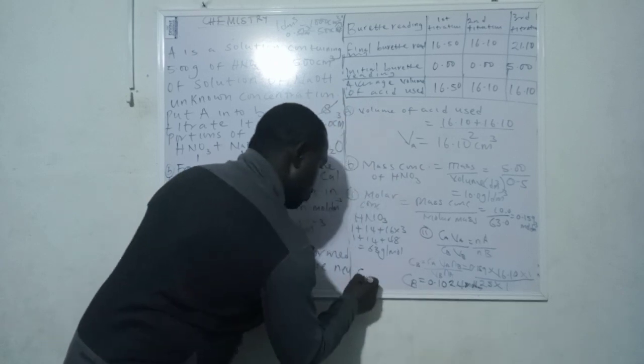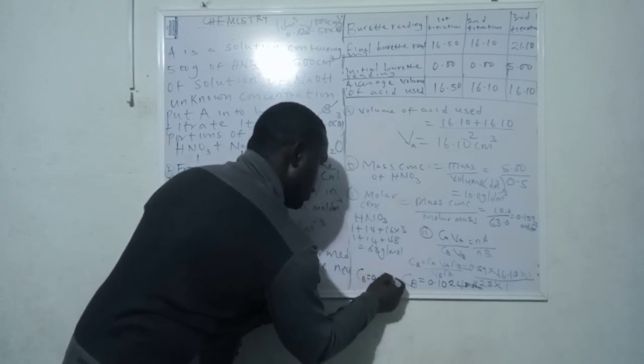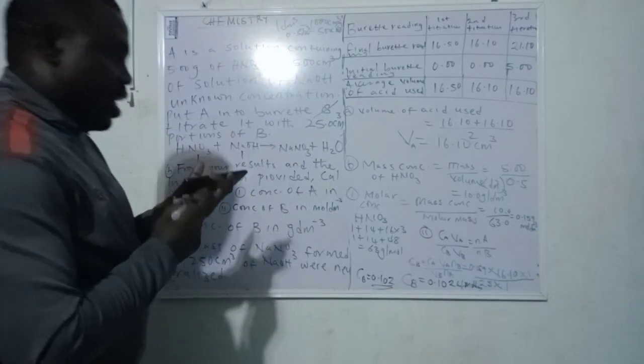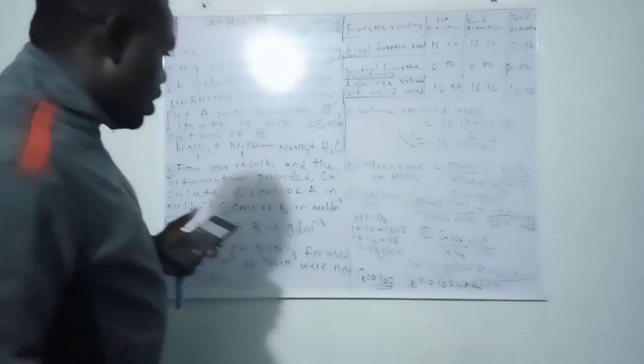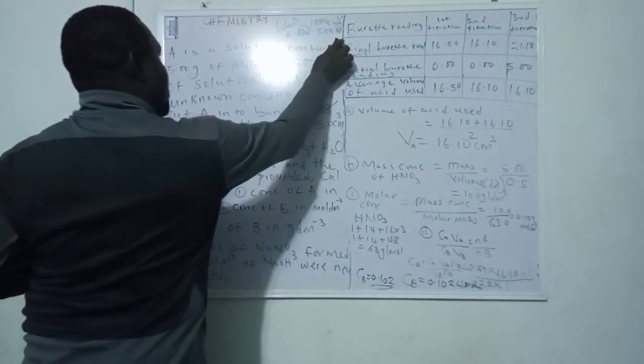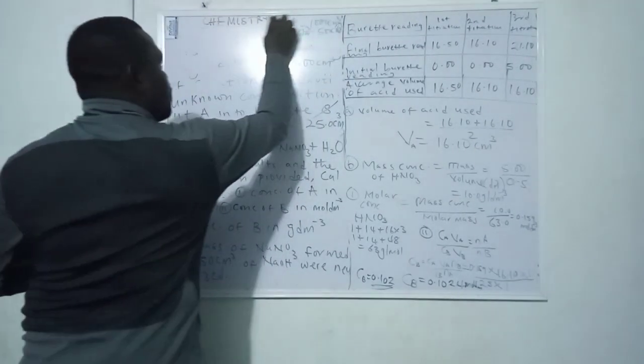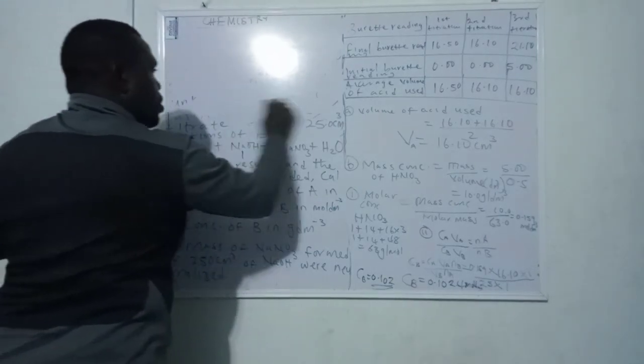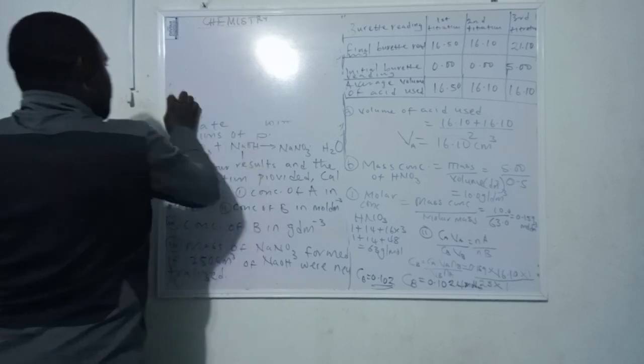So if you take it to 3 decimal places, it will be 0.102. So that will be the answer in 3 decimal places. So please permit me to wipe the board so as to have enough space to do the solving.